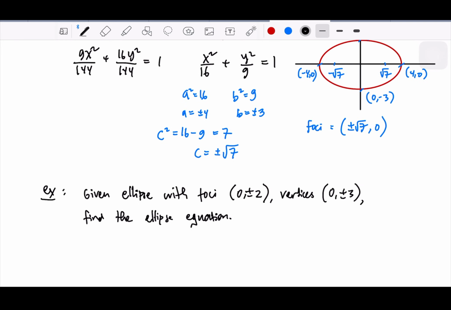Now we have the foci. So the focus is C, right? So C is 2, the vertex is A. So B we can get from B squared equals A squared minus C squared. This will be 9 minus 4, which is 5.